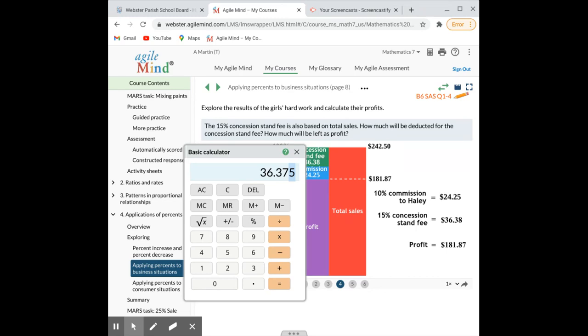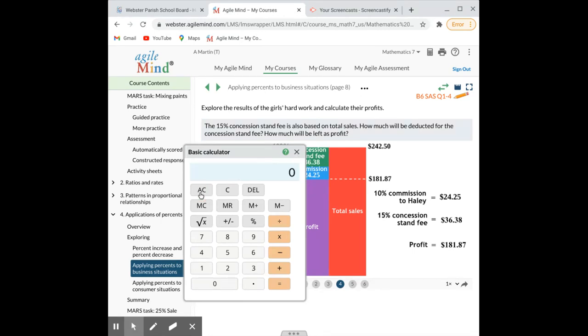Since the thousandths place is 5 or more, that means that our hundredths place is going to do what? Round up. Yeah, it rounds up one whole number. So that would be how much altogether? $36 and how much change? 38 cents. Good. All right.